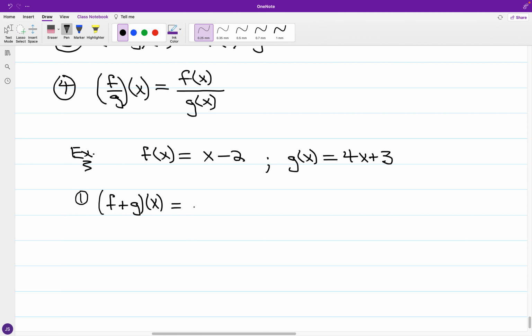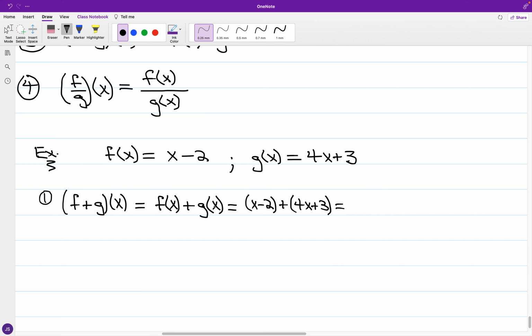So we have f plus g of x. Again, in the general case, we're looking at f of x plus g of x. So specifying, we have f of x as x minus 2, plus g of x, which we have at 4x plus 3. And just taking out the parentheses. Now, I just labeled the parentheses to itemize f of x apart from g of x.